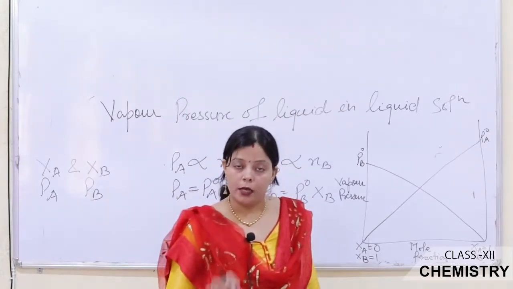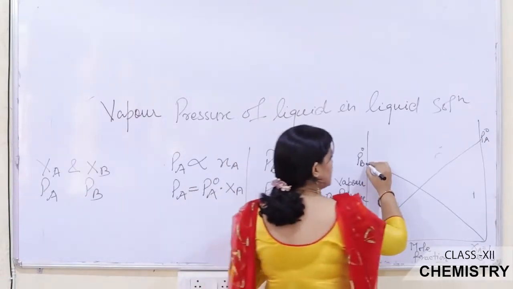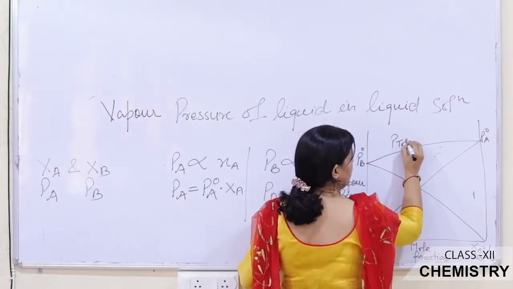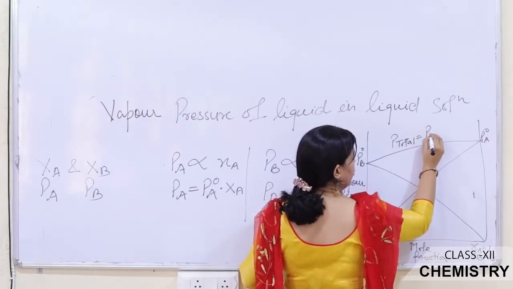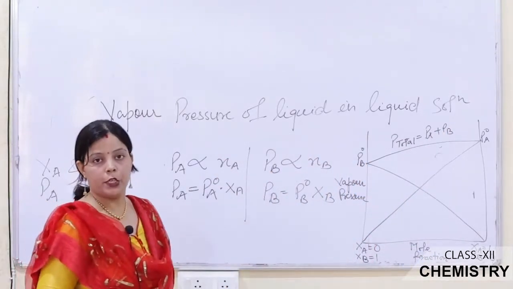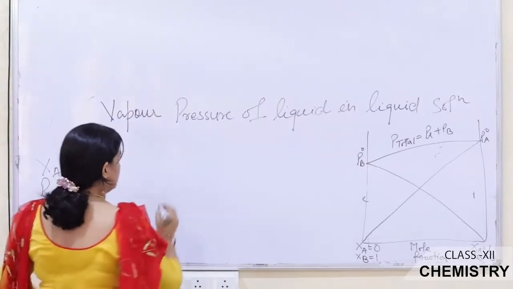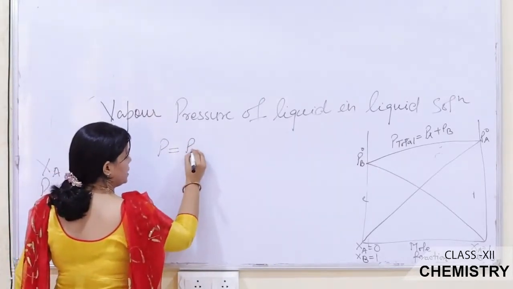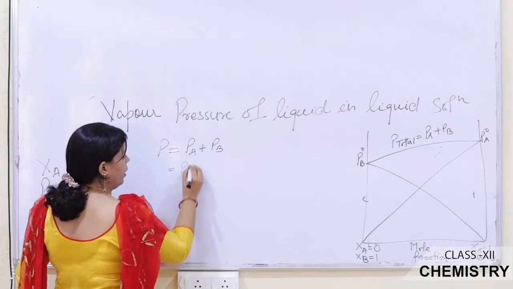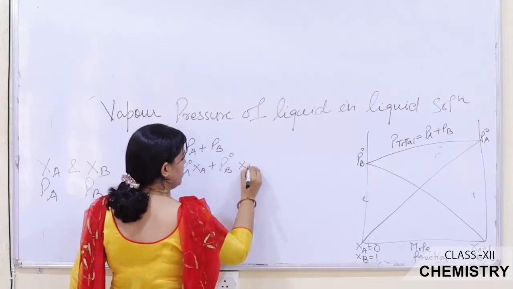According to Dalton's law, when we join these two lines, we get P total, the total vapor pressure of the solution, which is equal to Pa plus Pb, the sum of the vapor pressures of the individual components. According to Raoult's law, this is P = Pa naught Xa + Pb naught Xb.